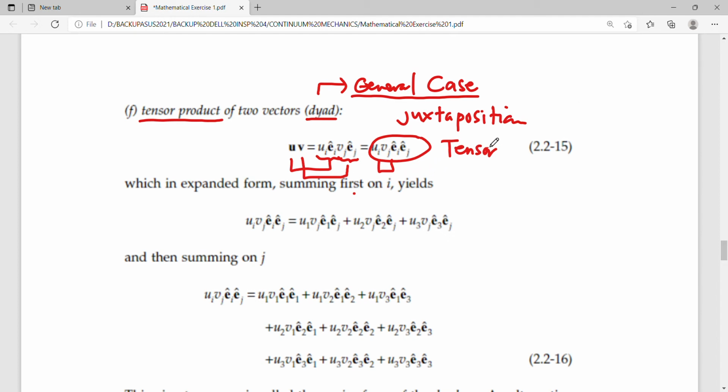If we would like to get the number of components for a three-dimensional range, we can therefore say that this is a second order tensor. So the number of components will be 9 components.